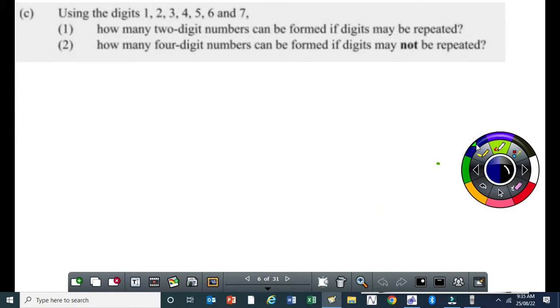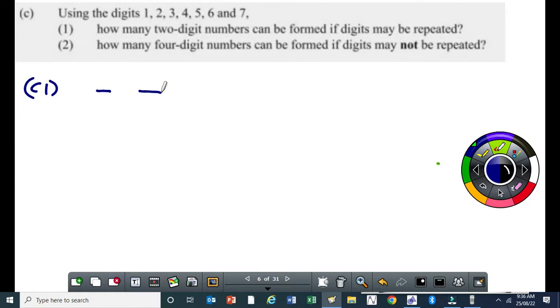All right. Now here we have 7 digits, so use the digits 1 to 7. How many 2-digit numbers can be formed if digits may be repeated? If you want 2-digit numbers, you have the first position and the second position.